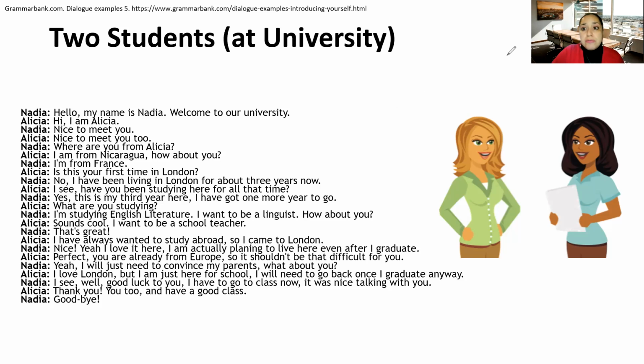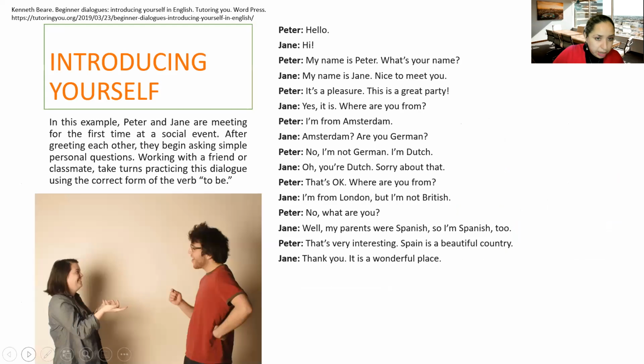Okay, so let's move forward. There are more dialogues that we're going to have people participating in. So here we have another one. This is about introducing yourself. So we have here Peter and Jane. This is an example, it says here.